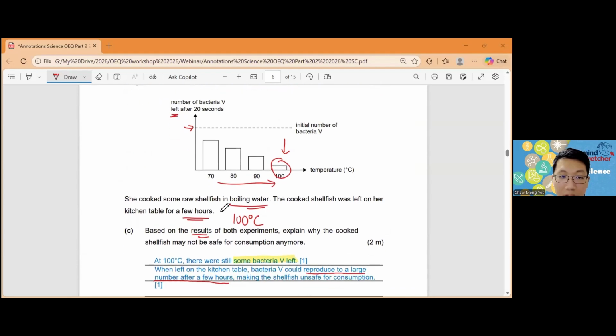Do you need to specify that it decreases because it was cooked in boiling water? I don't think it is necessary to specify it will decrease to room temperature. But if you have added that, I think it's fine, maybe even better. But I don't think it's one of the marks allocated to it.